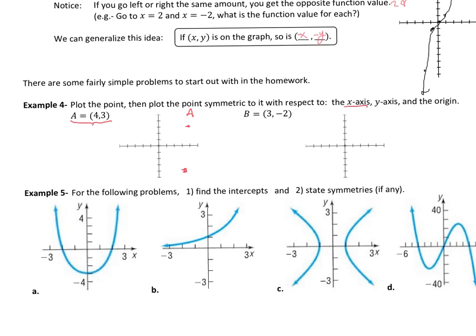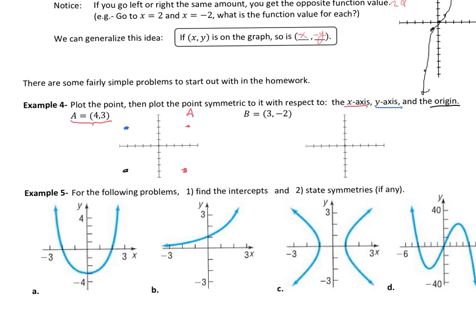If I want the y-axis, then that becomes negative 4 and 3. And if I want it with the origin, then it becomes negative 4, negative 3. Look at you guys. So smart. And there you go. Okay. We won't do point B. It's pretty much the same.